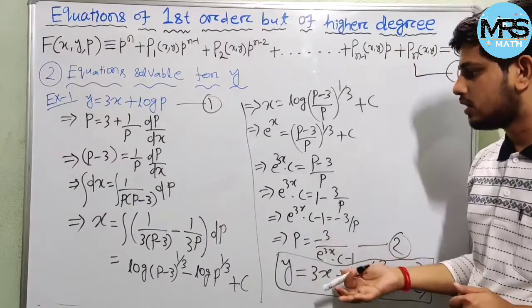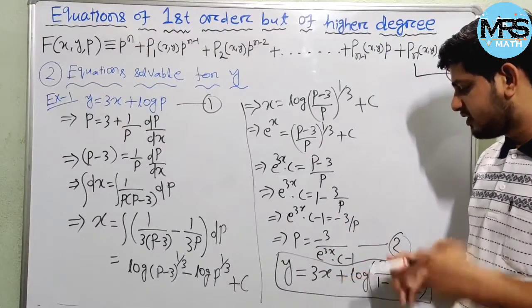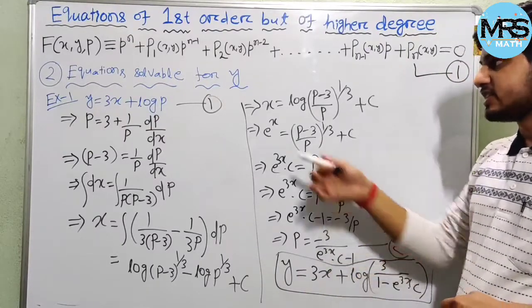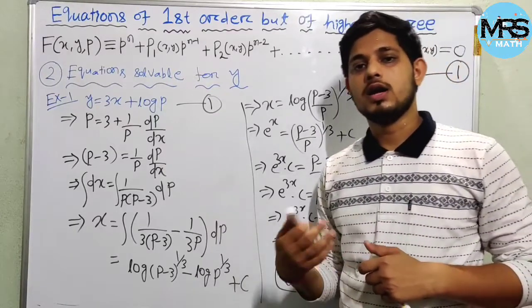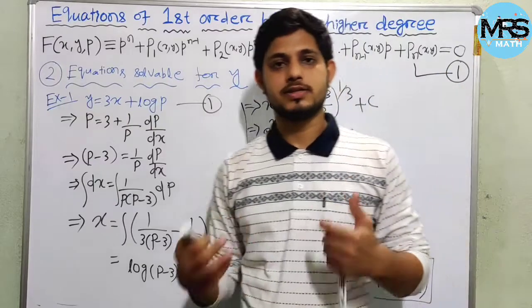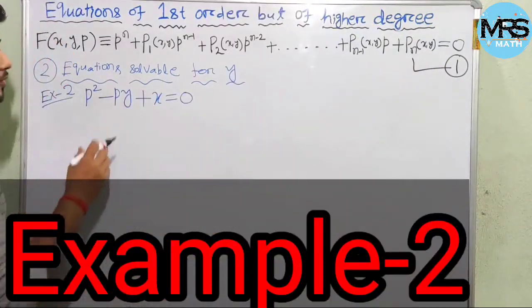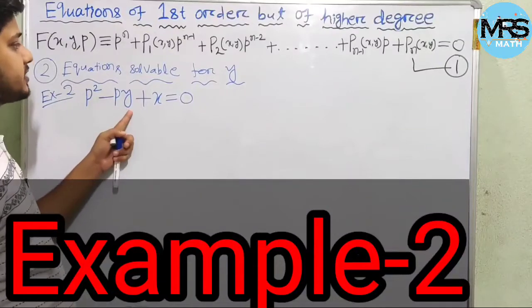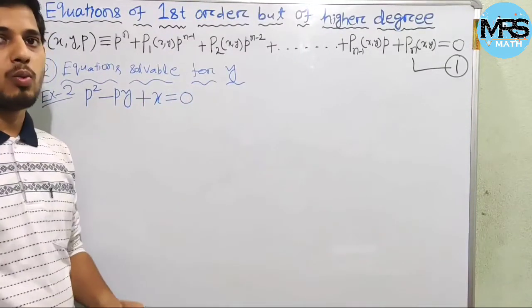So let us come to the next example, where it will be difficult to eliminate this p from both the sides. Then what will be the solution for that case, we'll discuss, okay. So students, come to the second example, and this equation we have to say is solvable for y.